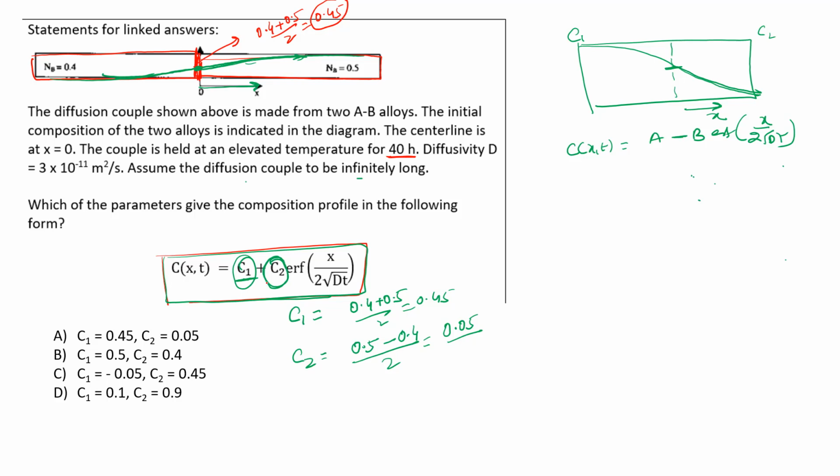Okay, so A and B, so in this case A is equal to C1 plus C2 by 2, and B here will be C1 minus C2 by 2, right? The higher minus lower, that is C2 the lower concentration, divided by 2. So similarly C2 here we have done the same thing, 0.5 minus 0.4 by 2, that is 0.05, and since the plus sign is already given here, that thing has been taken care of, right? So the correct option will be option A.